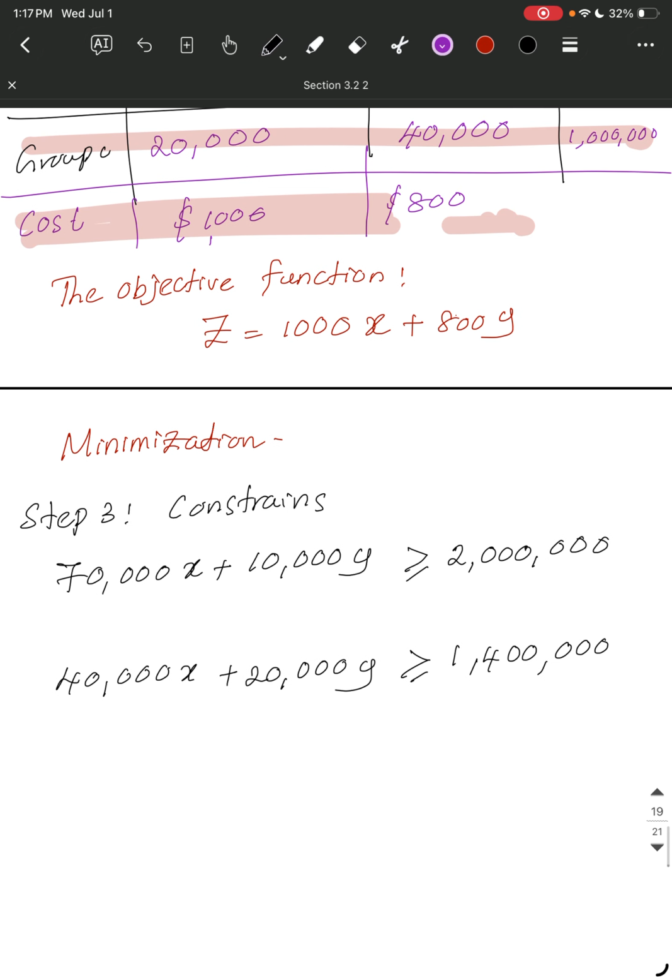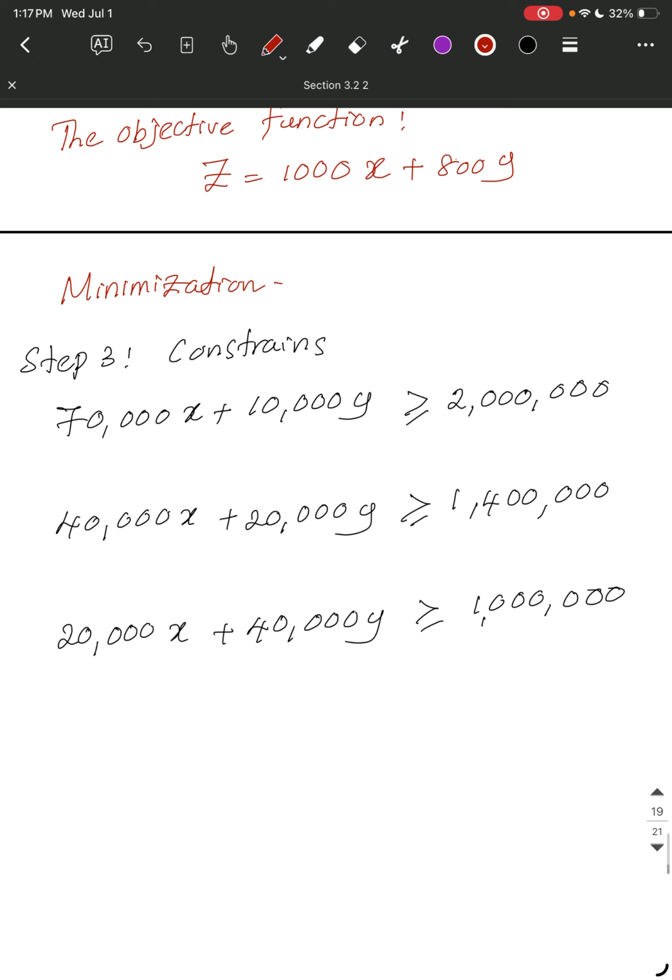Third one, for group C, 20,000x plus 40,000y greater than or equal to 1 million. Because whenever the problem says at least, we use greater than or equal. Whenever it says at most or available, we use less than or equal.